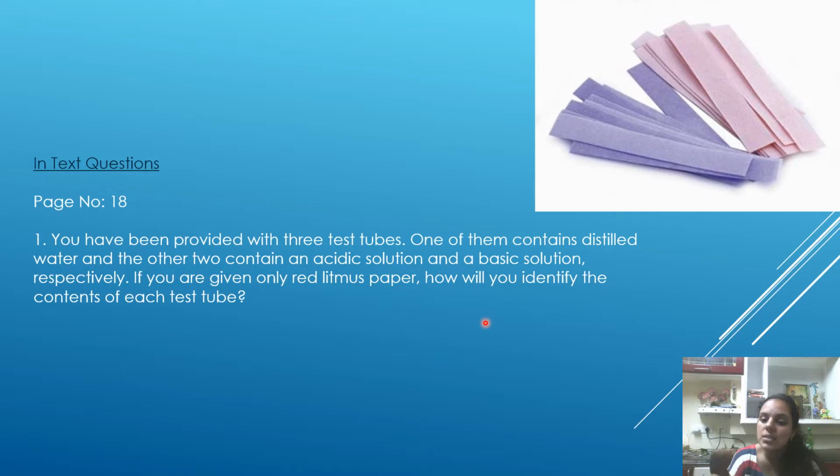You are just dipping this red litmus paper into the test tube, and there are three possible inferences. You can see a slight color change, that is the red litmus paper changes its color to a light shade of purple, or it changes its color to blue, or there is no change in the color.